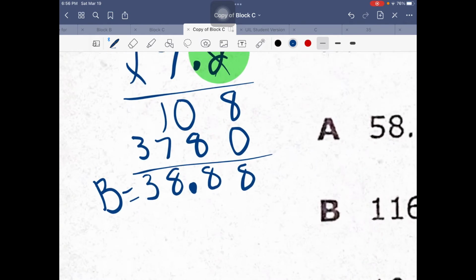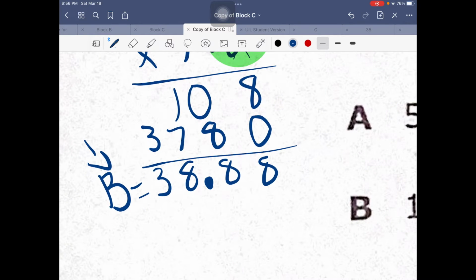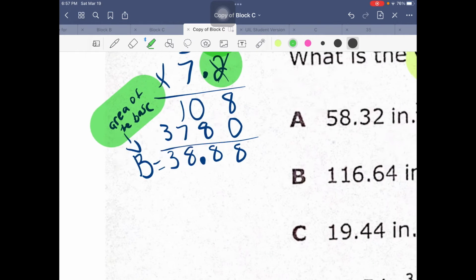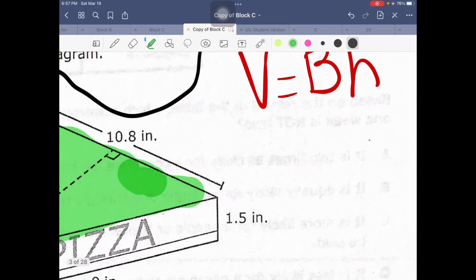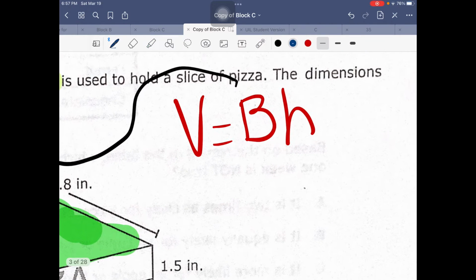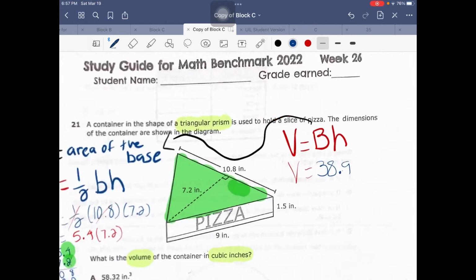Now, once again, this is the area of the base. There you go. So now I have my big B. My big B being 38.88.